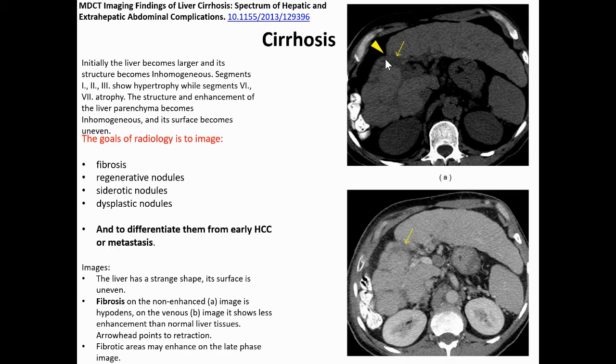And so based on this imaging, you can say that the surface of the liver is a little bit uneven. The left lobe is enlarged, the right lobe is atrophied, and there is an area which is fibrotic. And fibrosis in cirrhosis can affect segments or even whole lobes.